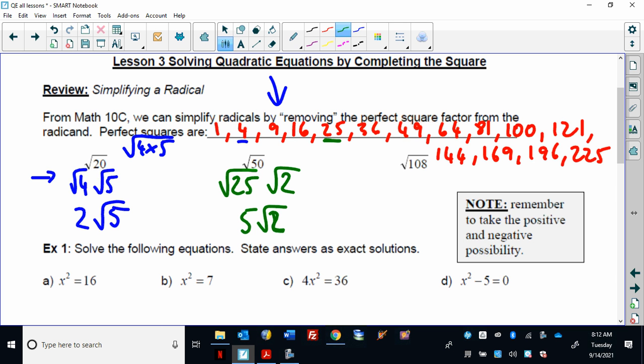And so that's done. 108 is a little more challenging, but not too bad. You can probably figure out after a minute or two of looking at it, or less, that 36 times 3 is 108. So it's 6 root 3. That is the answer to that.